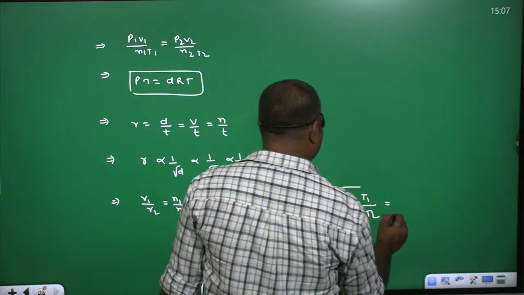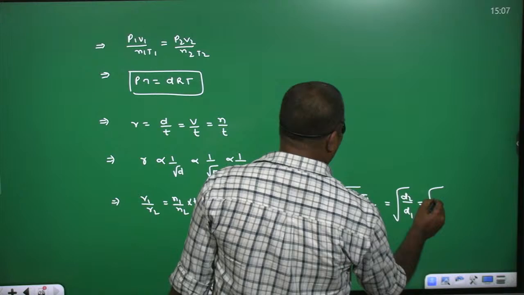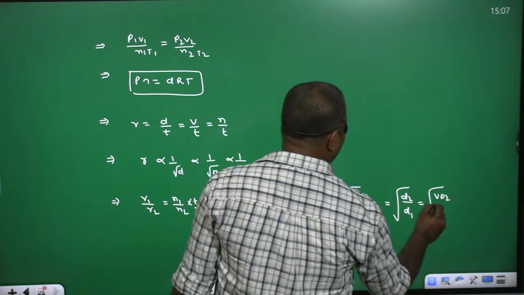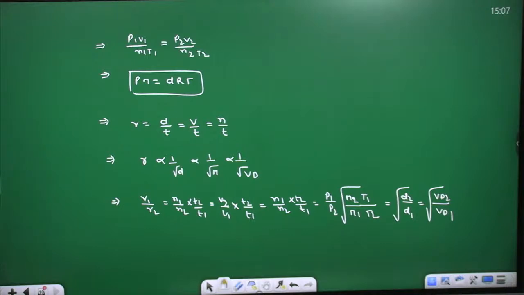Otherwise you can write root over D2 by D1 equal to root over VD2 by VD1. These are all the formulas related with Graham's law of diffusion.